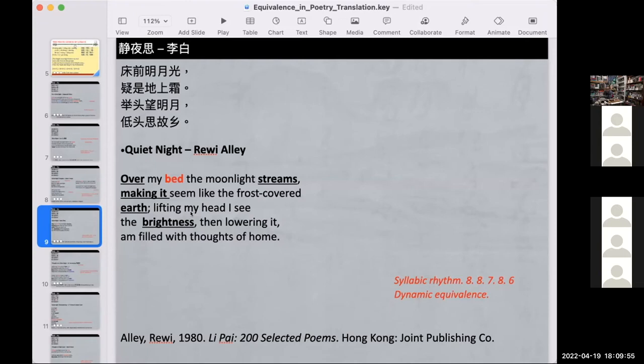But Chinese is different, the appreciation is different. So here, when we see that he did not repeat the word head, we know right away that he wants to render it in natural, modern English. Lifting my head, I see the brightness, then lowering it and filled with thoughts of home. This is 100% dynamic equivalence.